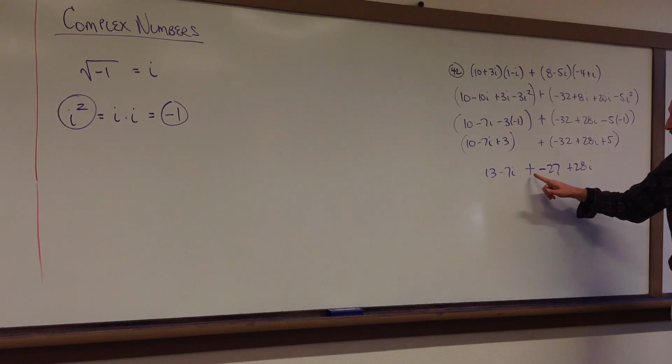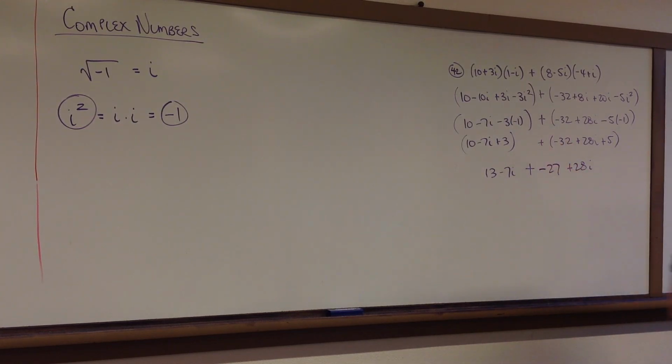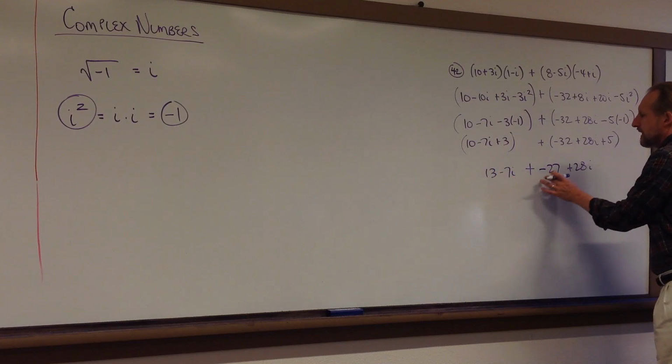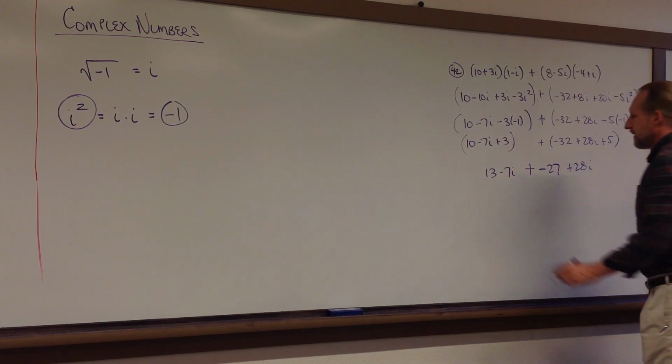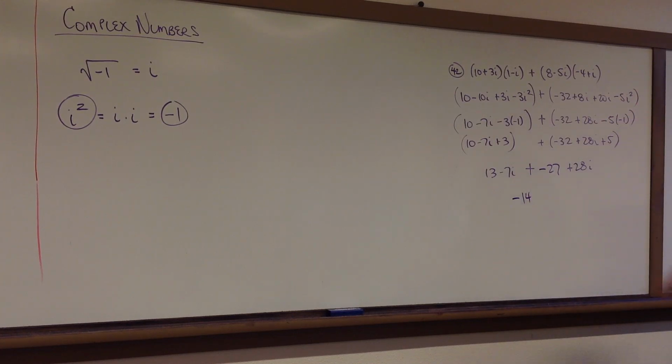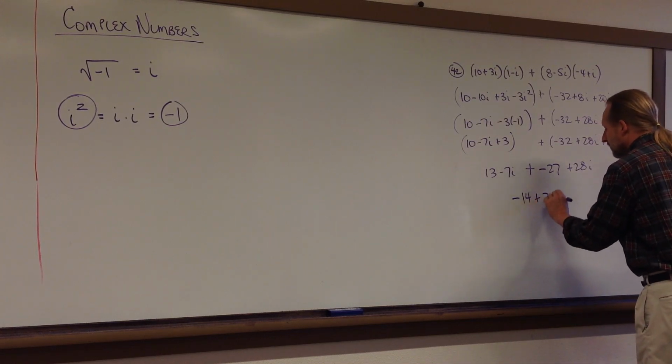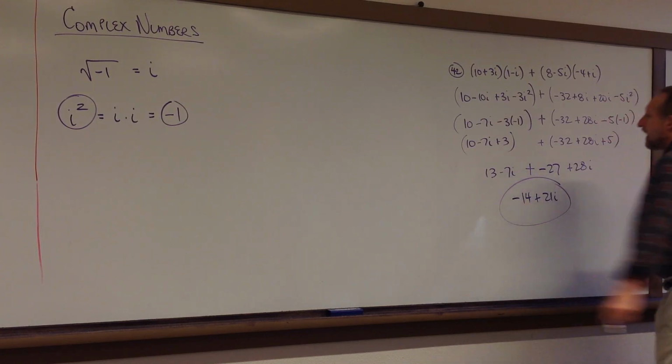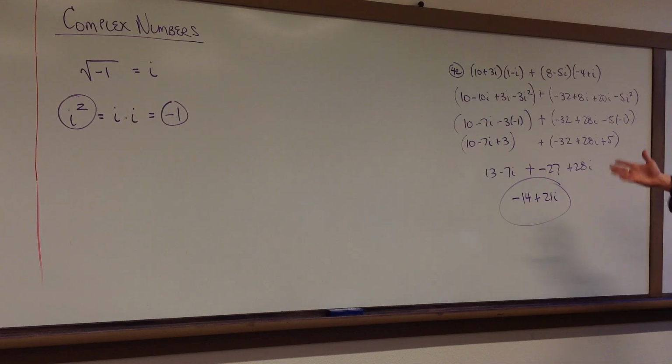So you know that if you add a negative number, it's the same as subtraction. So here we've got 13 and negative 27. That should give us a negative 14. And then negative 7i plus 28i is going to give us a positive 21i. And there we go. So again, we kind of end on the most complicated problem.